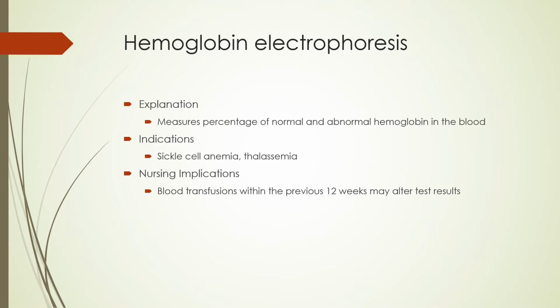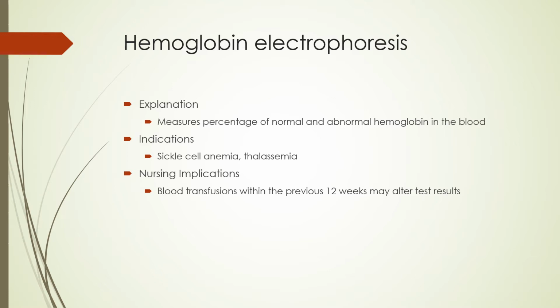Hemoglobin electrophoresis, remember I talked about hemoglobin A and hemoglobin F. This helps find those. There's also one called hemoglobin S, as in Sam, as in sickle cell. And hemoglobin electrophoresis is often done to test for sickle cell anemia. It's also done to test for thalassemia, which we'll talk about both of those in a little bit.